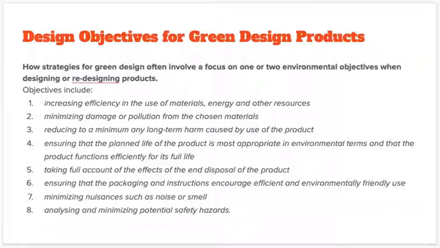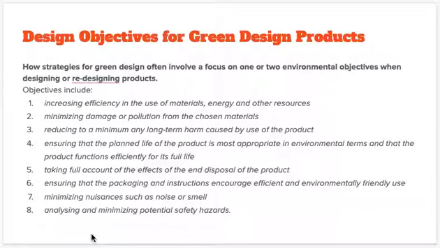Design objectives, there they are, all 8 of them. Okay, you can press pause and have a read through. It's similar to things that we've seen before about increasing efficiency, reducing any long-term effects to the environment, end-of-life disposal.